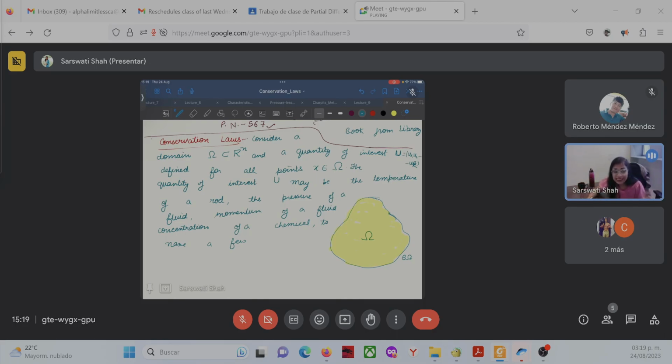The velocity of that disturbance is greater than the velocity of the surroundings, like the velocity of sound. So there the shock wave arises. So in aerodynamics, astronautics, oceanography, mathematics, biology, engineering, this conservation law arises in each of the branches of these sciences. And this quantity of interest can be anything, like the velocity of the fluid, the pressure of the fluid, mass of the fluid, momentum, concentration of chemicals, heat flow in a rod.